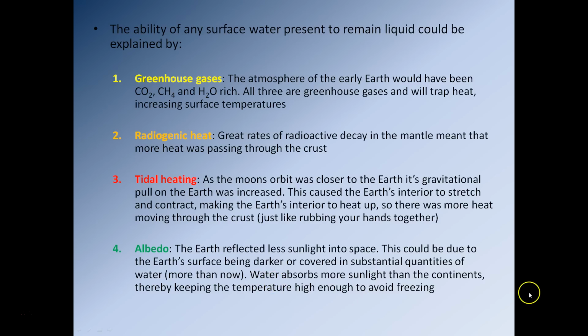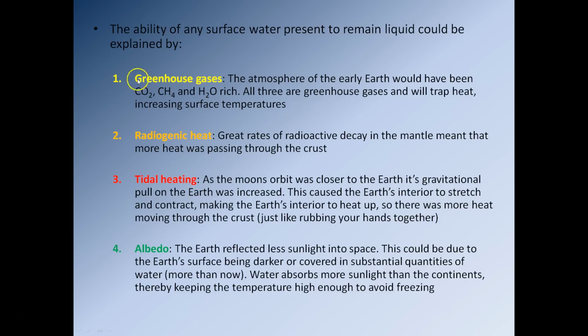If we had large quantities of water on the surface of the Earth during this early period, well, water is actually quite dark, and it's very, very good at absorbing sunlight. It's much better than continental crust. So water can absorb a lot more heat a lot more efficiently, and as such that would also have helped to keep the Earth's surface temperature higher.